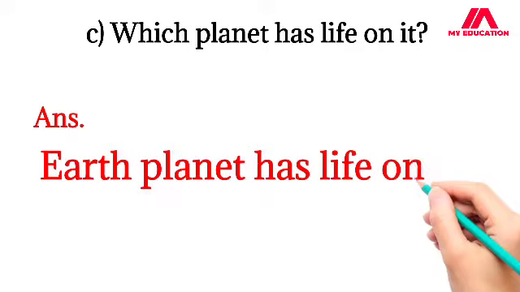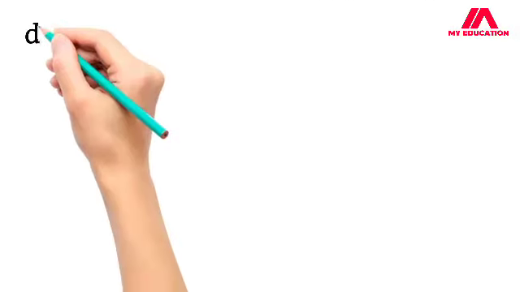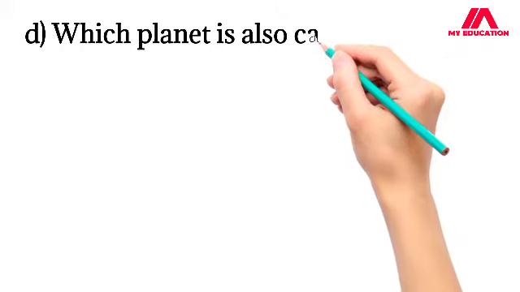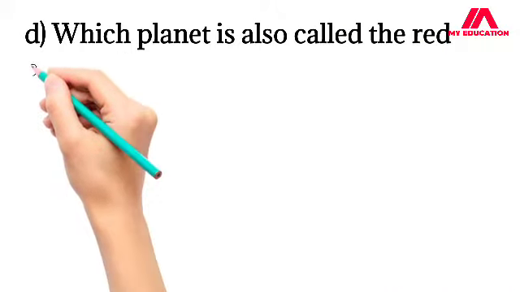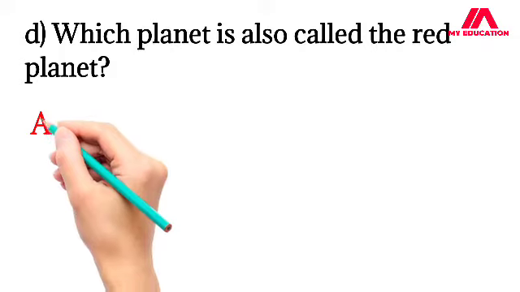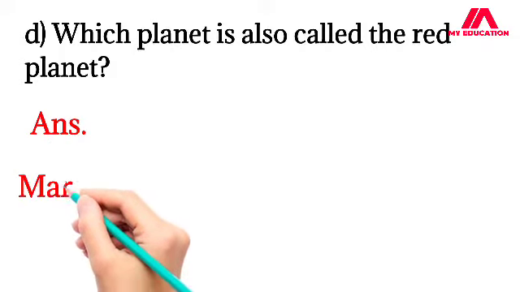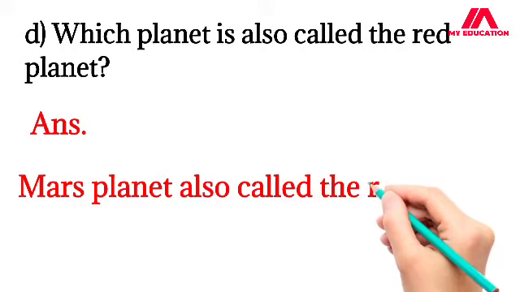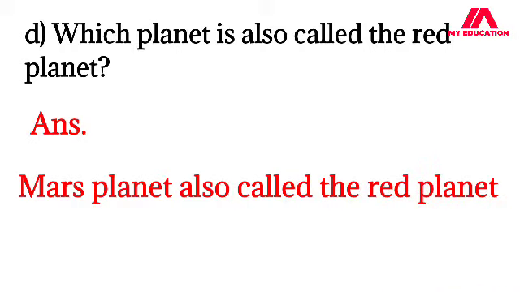Earth has life on it. D. Which planet is also called the red planet? Answer. Mars is also called the red planet.